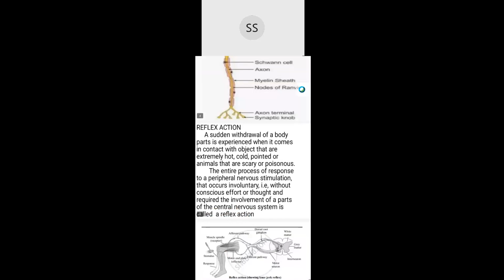Reflex action. A sudden withdrawal of a body part is experienced when it comes in contact with objects that are extremely hot or cold, pointed ones, or animals that are scary or poisonous.